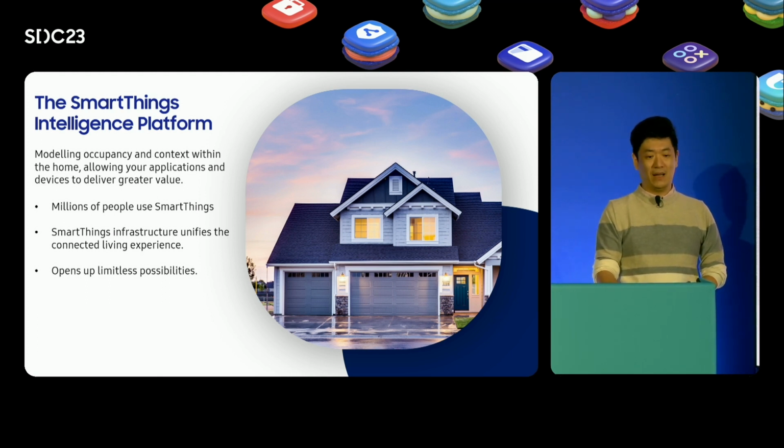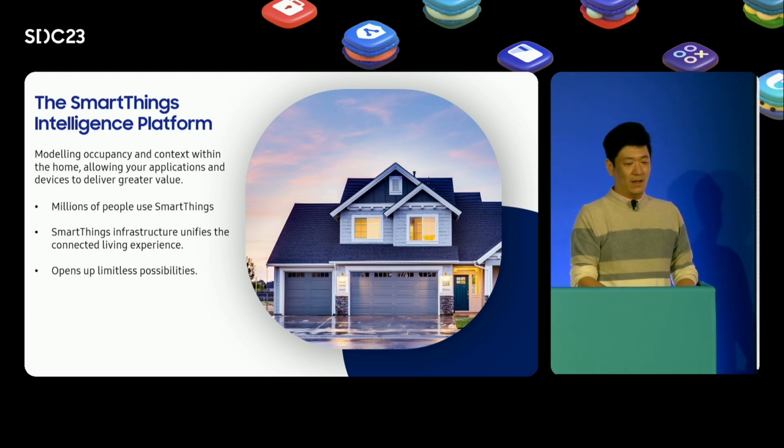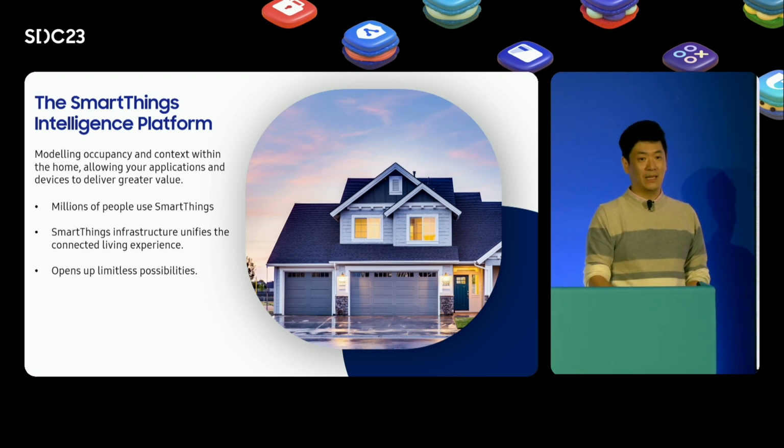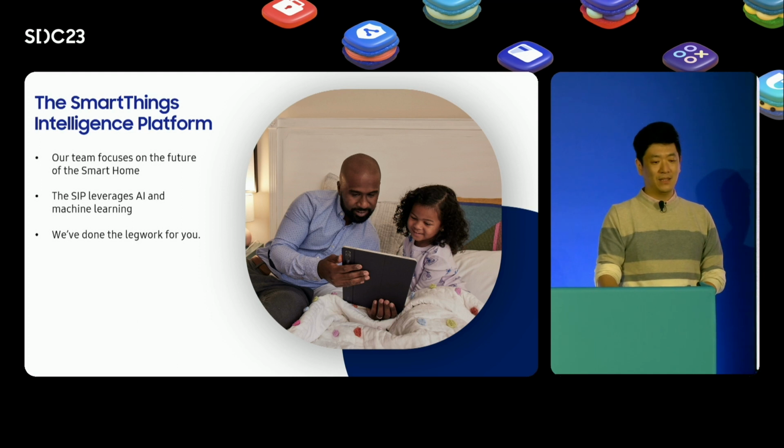The SmartThings platform is the infrastructure that unifies the connected living experience in a single app and opens up a world of limitless possibilities to positively impact the way people live. We spend a lot of time thinking about the future of the home and what kind of advanced features we can bring to our customers and you, our partners.